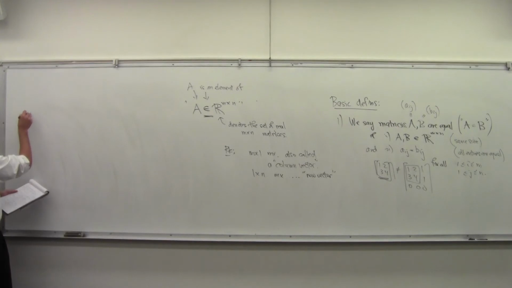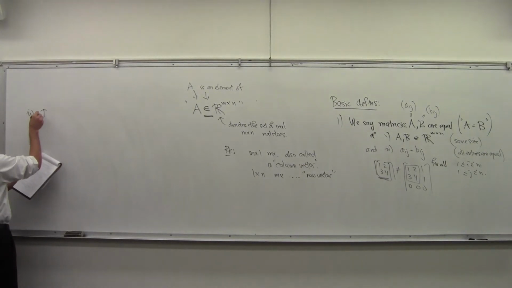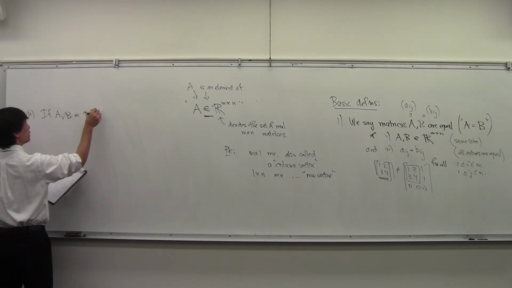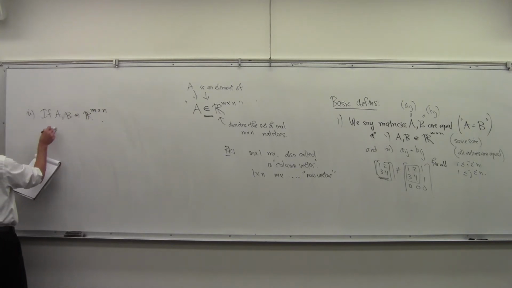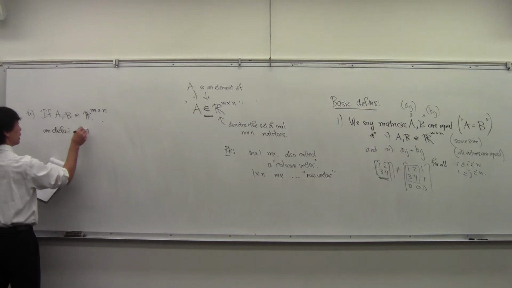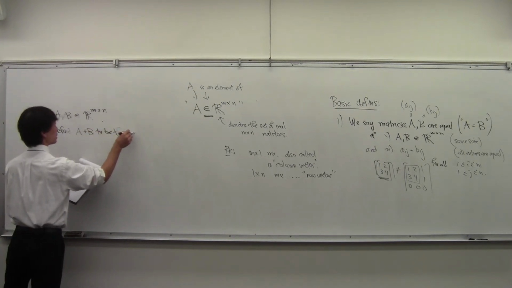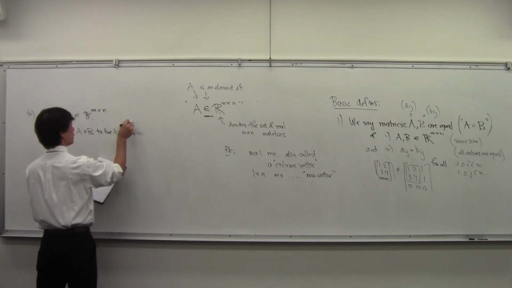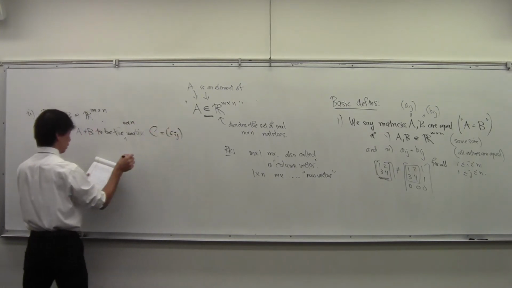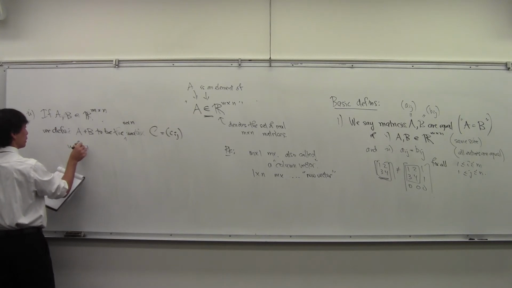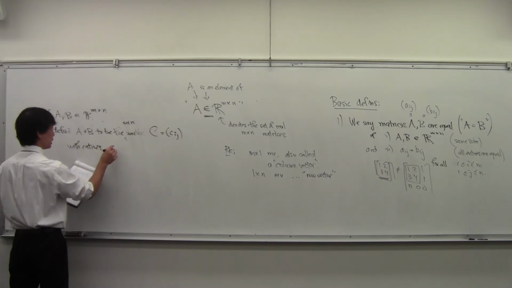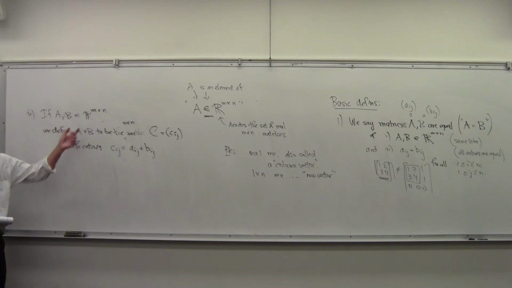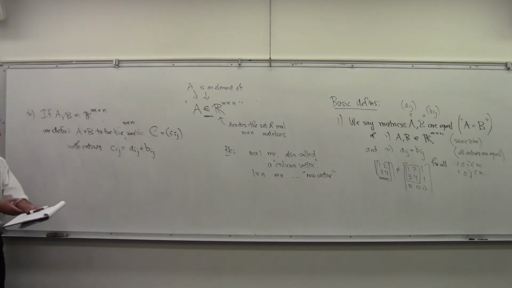Number 2, addition. If A and B are both the same size, we define their sum, A plus B, to be the m by n matrix C with entries c_ij being just a_ij plus b_ij. So you just make a matrix of the same size where you've added the corresponding entries.